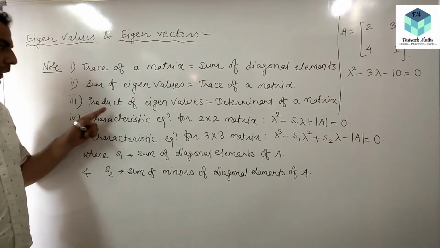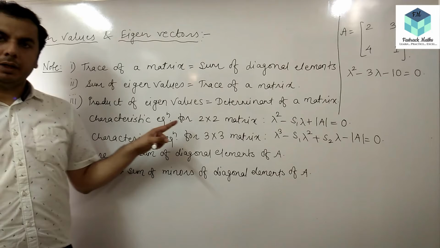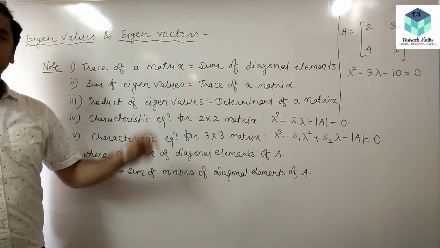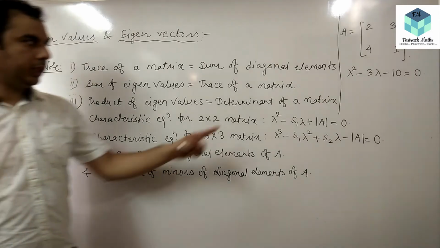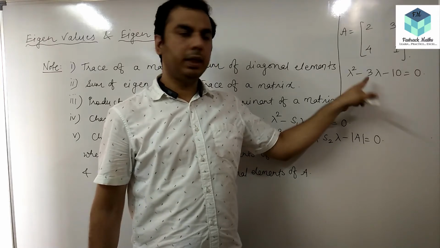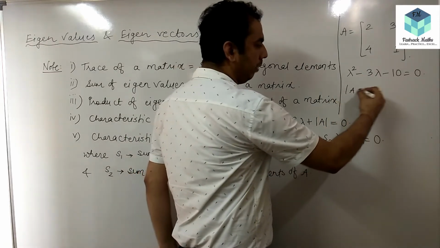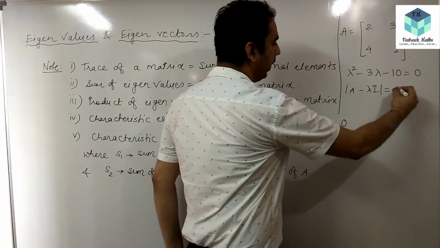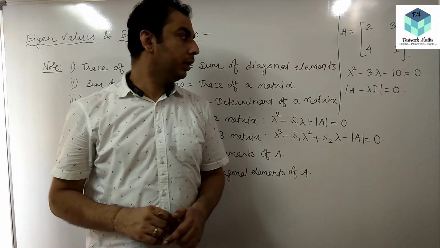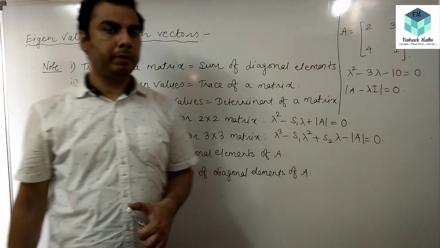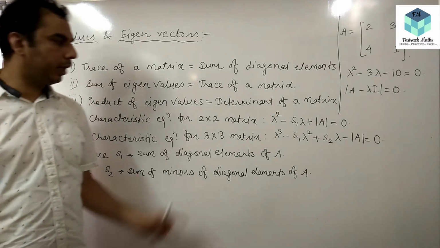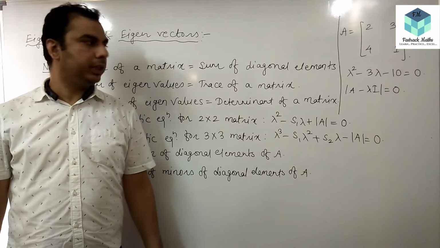Next, we have two more results, which are shortcuts for finding the characteristic equation for a 2 by 2 and a 3 by 3 matrix. To find the characteristic equation, we obtained the determinant of A minus lambda I and equated it to 0, which is a very lengthy procedure for a 3 by 3 matrix. But if we use these two shortcuts, you can find the characteristic equation within a minute.